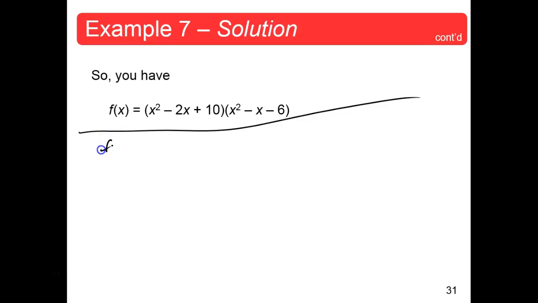Write f of x is equal to x to the 5th plus 3x cubed plus 2x squared minus 12x plus 8. Let me make sure. Yeah, we did do rational zeros.